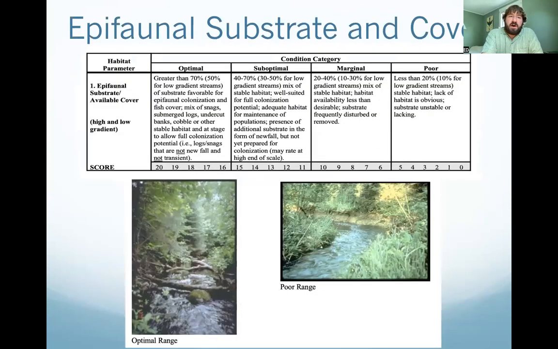So the first of the 10 metrics that we'll grade out is called epifaunal substrate and cover. And that's a pretty complicated name, but to me this is really about what's the diversity of structure present in the river channel. So in the picture on the left here, you see fallen logs, and those are creating some shade for species.